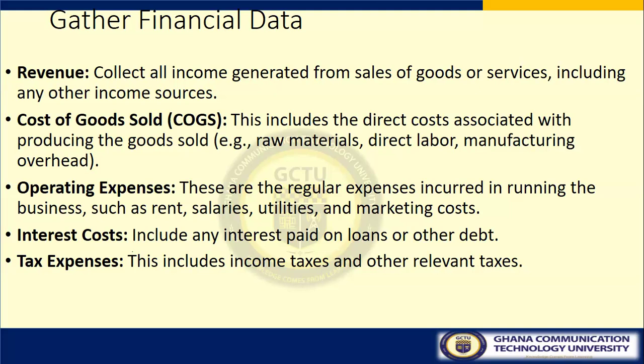Now, after we have incurred all this cost to produce the cement, we still incur other costs, like the building we are in where we are doing our business. Maybe we are renting it, right? We pay salaries. We're going to pay staff salaries, the director, the MD, the general manager, the marketing manager.